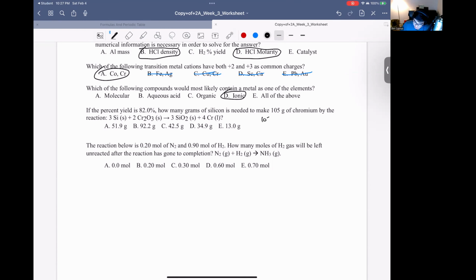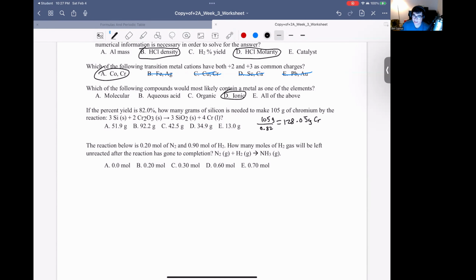So if I do 105 grams divided by 0.82, then that'll give me how much I'm aiming for. So I'm aiming for 128.05 grams of chromium. If I aim any higher, I'm going to get more than 105. If I aim any lower, I'm going to get less, right? Because I'm only yielding 82% in the lab.